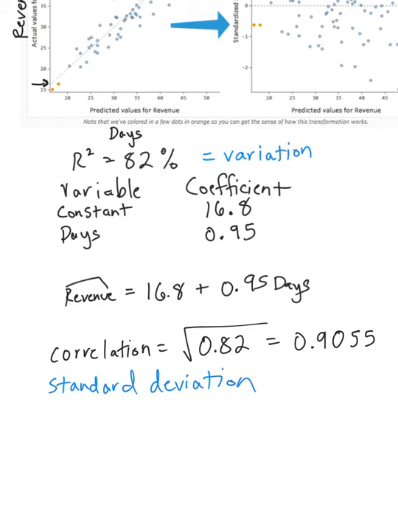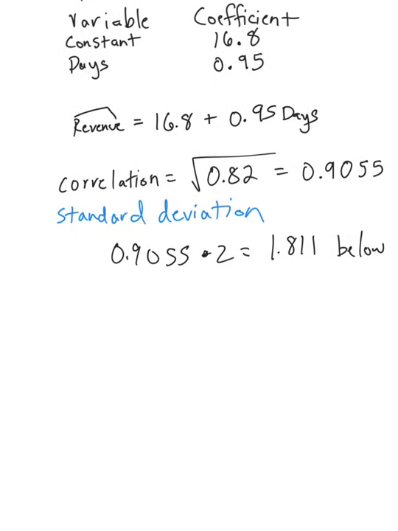So then we take our 0.9055, double it. That gives us 1.811, so that would be how much it would be below our line.